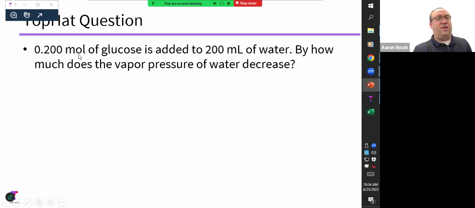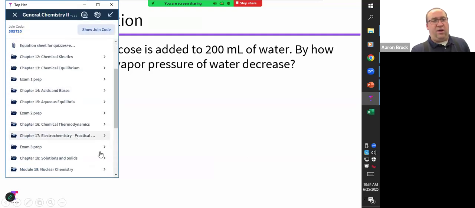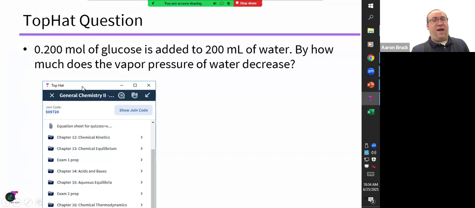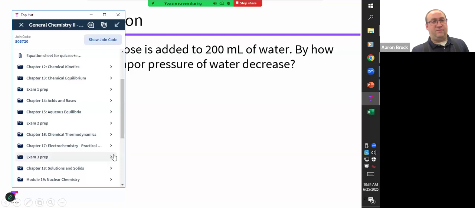All right, try this one then. We've got 0.2 of a mole of glucose being added to 0.2 liters, 200 milliliters, of water. By how much does the vapor pressure decrease?